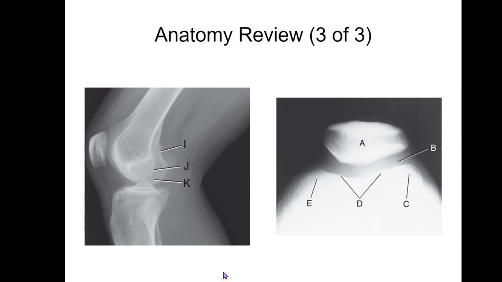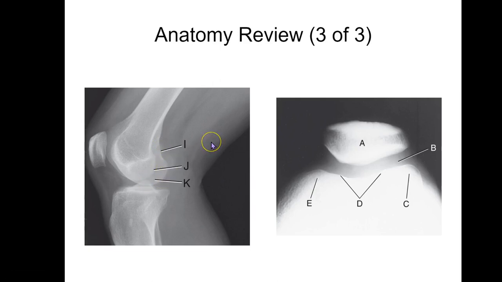On the lateral knee, notice that K is pointing to the medial condyle because I is pointing to the adductor tubercle. And remember the adductor tubercle, that is that little bump on the posterior aspect of the medial condyle. And so if you see adductor tubercle and you follow it down, this has got to be the medial condyle.